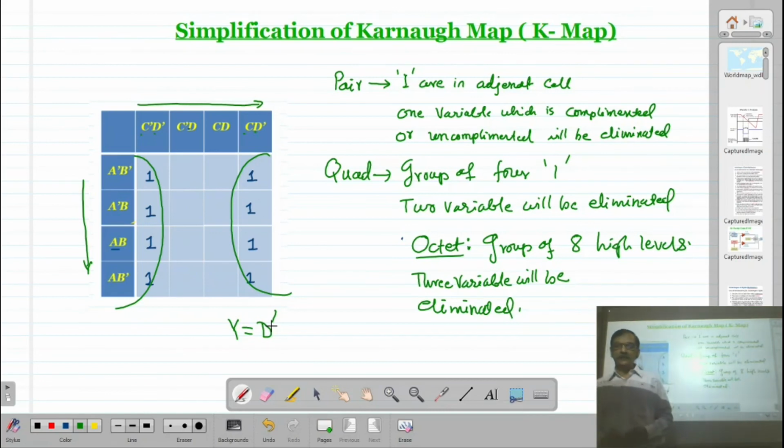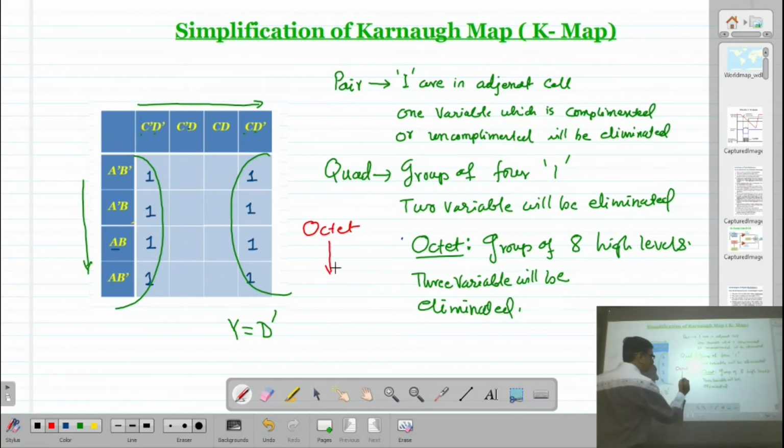So what is the basic rule? Whatever Karnaugh map is given to you, first of all, you have to mark: is there any octet? Because the octet will give you the most simplified expression. Remember, first of all, you have to mark the octet.